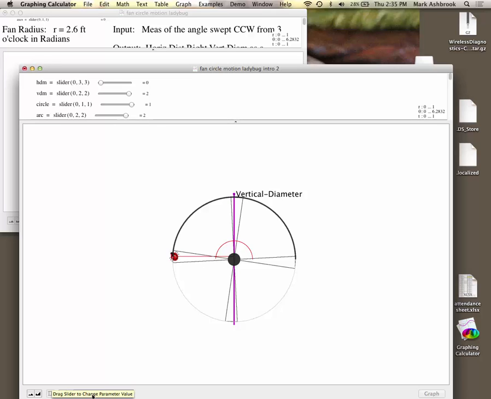If we're defining to the right, then we're saying that's positive. So then everything on the left side of the circle will be a negative value from 0 to -1. So that's really helpful, because now if we get a negative fraction, we know we're to the left of the vertical diameter. If we get positive, we know we're to the right.